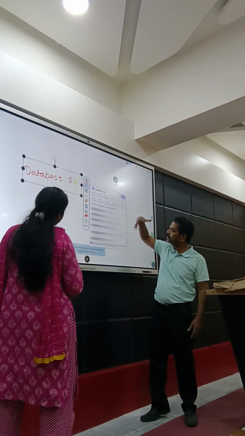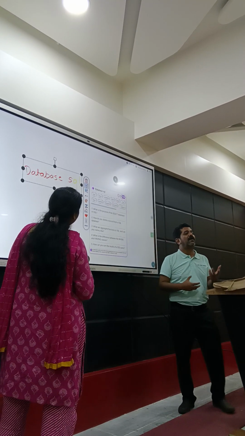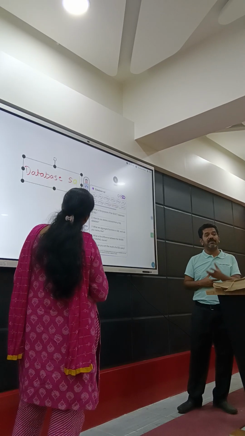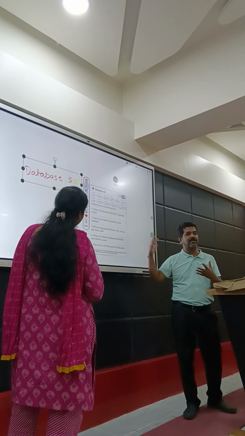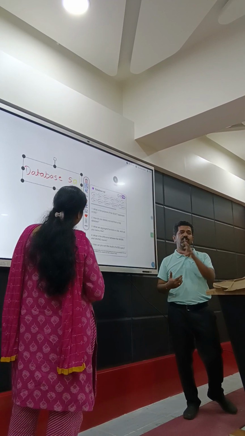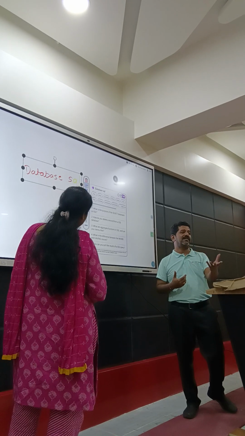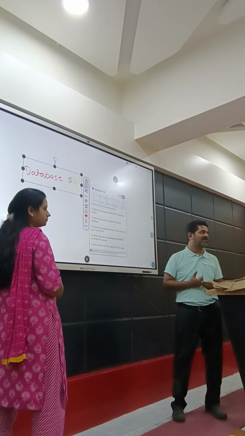Refresh button, I'll change the questions. Let's see, in case I'm able to search it. There will be times that if you try to search it this way, it will waste a lot of time, because the system may not give you the questions which you want. So in that case, what will you do? Write the question.